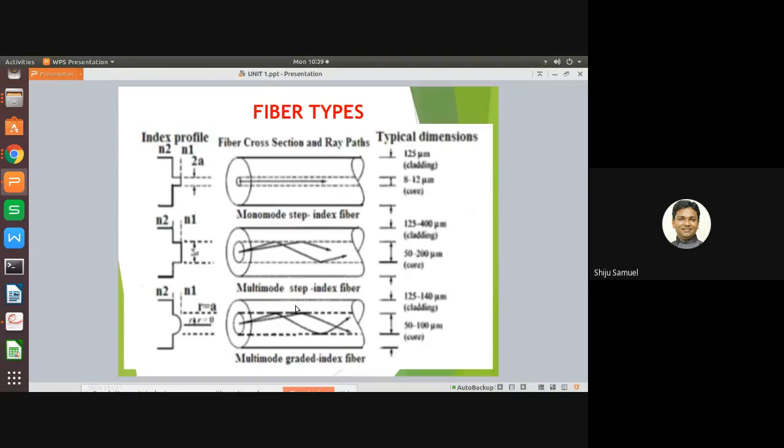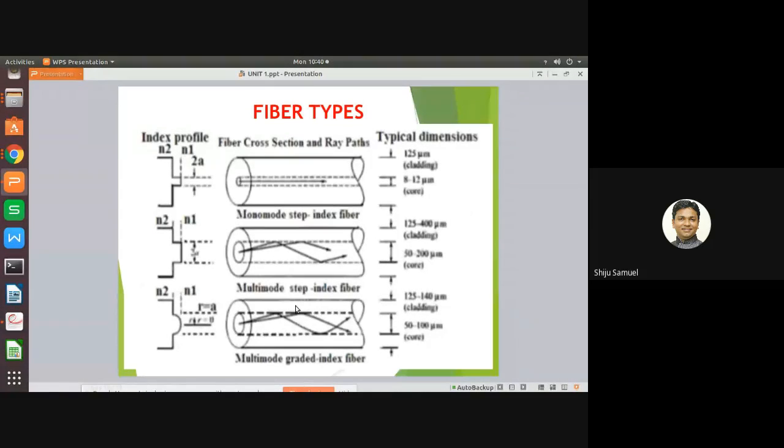What is n1 here? n1 is the core refractive index, and a cladding of a slightly lower refractive index n2. What is n2? Refractive index of cladding. So what is the concept? A core of constant refractive index n1, and a cladding of a slightly lower refractive index n2, is known as the step index fiber.